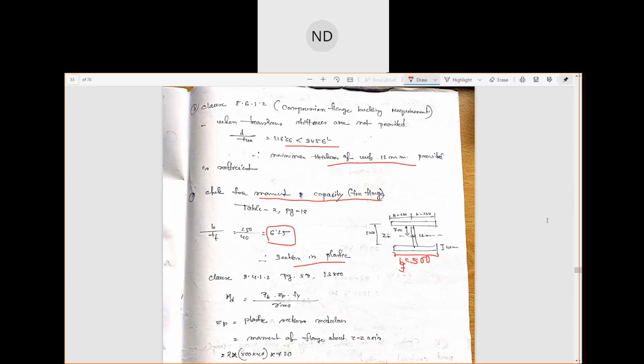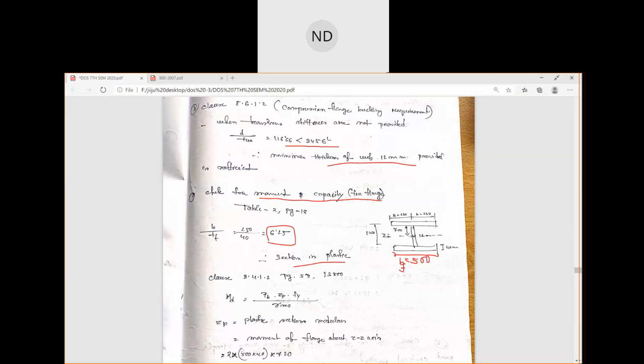Am I audible to all? Audio is cracking. It's not clear.